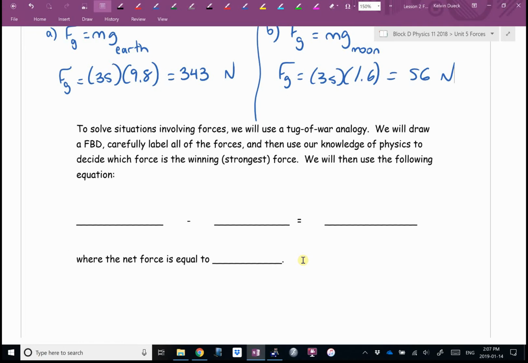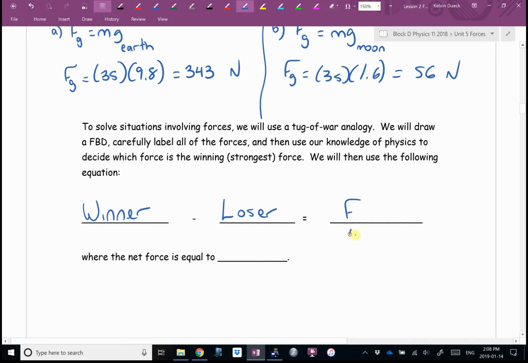And here is our generic equation. I don't know if I put this on your formula sheet. This is, I said to you at the beginning of this unit, the problem is I can't give you the equation for everything. I guess this sort of is, but you're going to then have to, Kenley, adapt it for each situation. It goes like this. Winner minus loser equals F net, the net force.